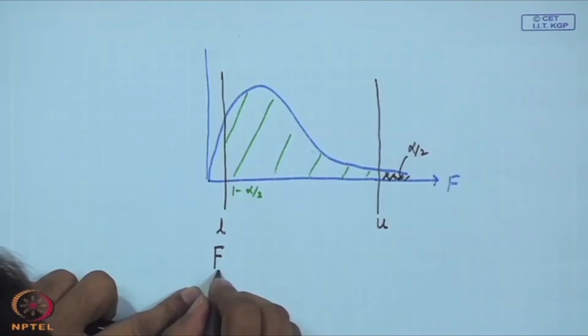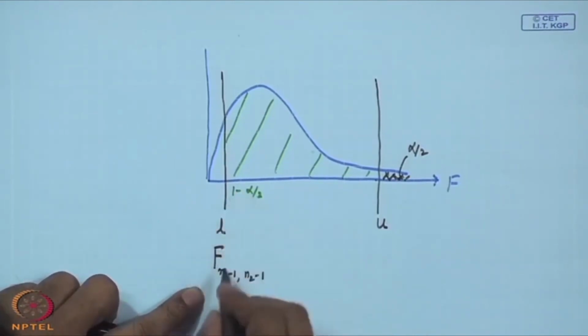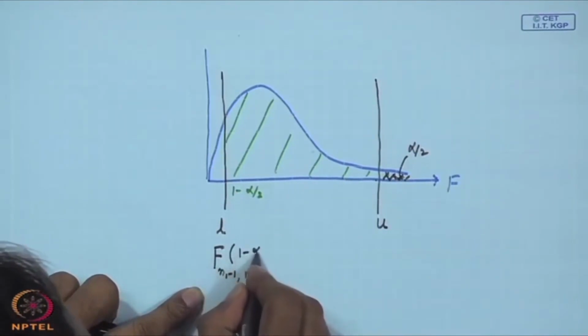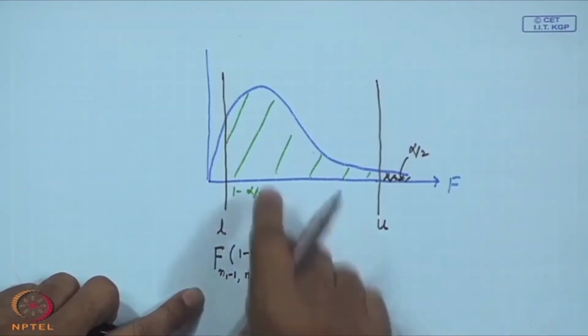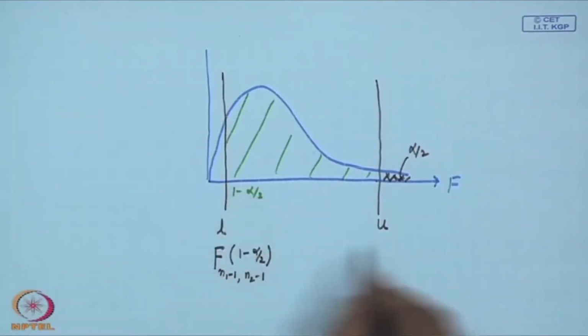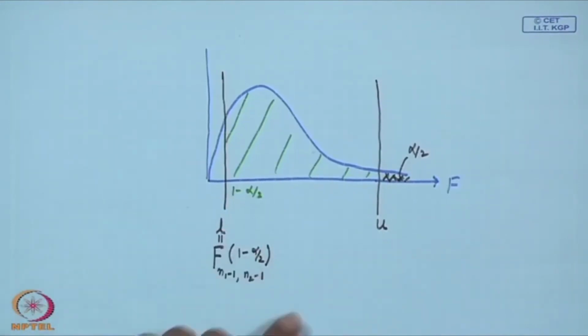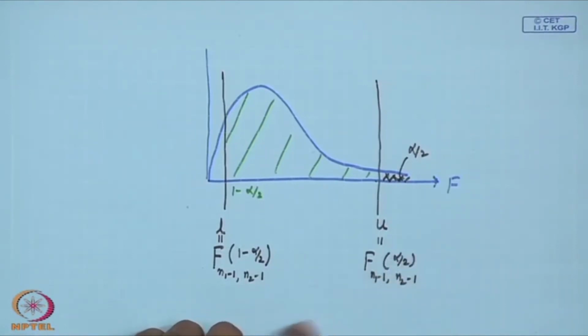F with n1 minus 1, n2 minus 1, the numerator and denominator degrees of freedom, at probability 1 minus alpha by 2. That means L equals this. What is your U? F n1 minus 1, n2 minus 1, alpha by 2.